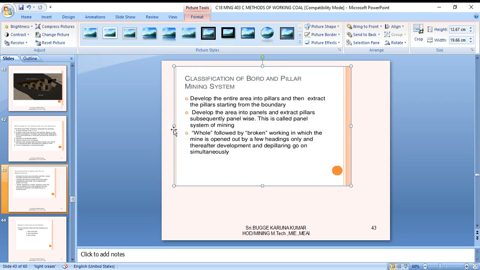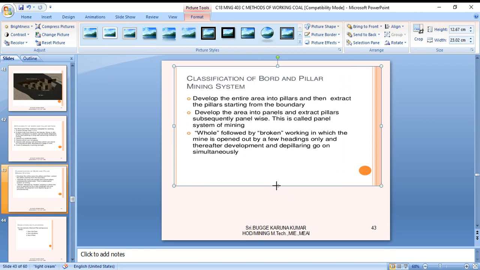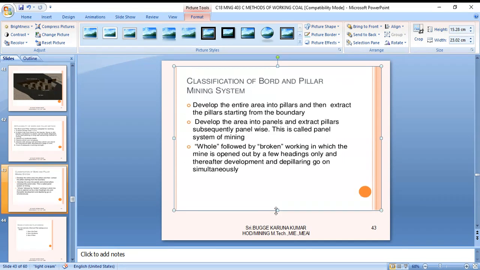Classification of board and pillar. Develop the entire area into pillars and then extract the pillars starting from the boundary. Or develop the area into panels and extract the pillars subsequently, panel wise. This is called the panel system of mining. Ventilation is sluggish in board and pillar, and this is also a flexible method.